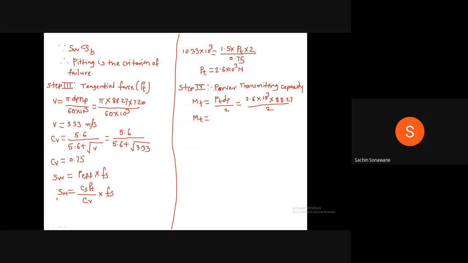What is torque transmitted? 114.75 into 10 raised to 3 Newton mm.